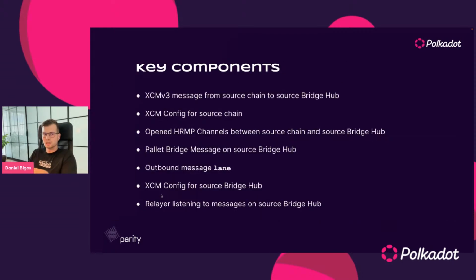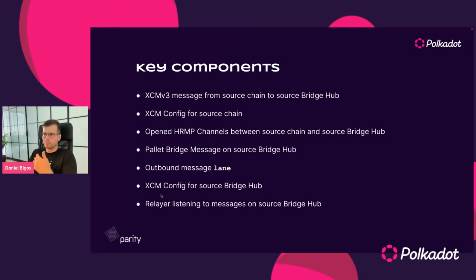What are the key components of that part? At first, we need a proper XCM message sent from the source chain to the source bridge hub, from source asset hub to source bridge hub. In that demo case, we need, of course, a proper XCM configuration for the source chain, and we will check that configuration later. We need opened HRMP channels between the source chain and the source bridge hub.